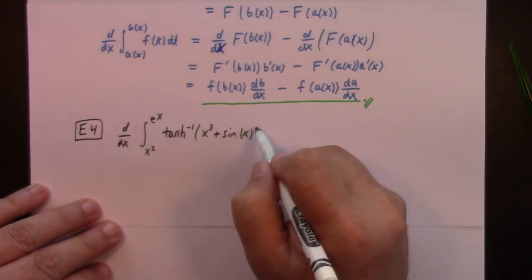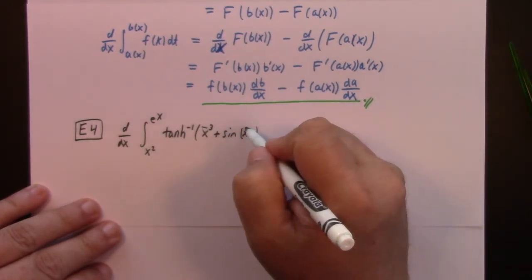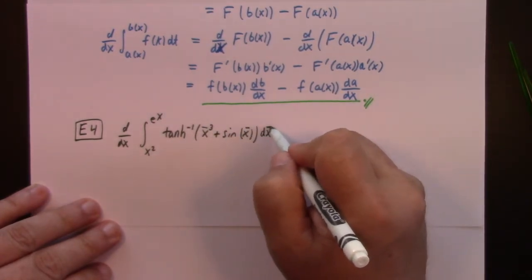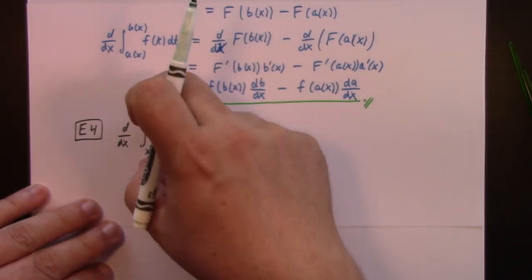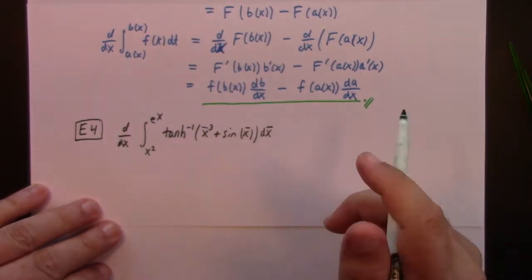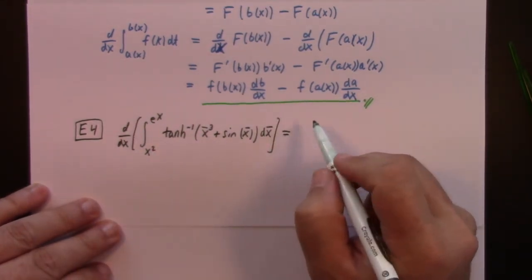Oopsie, I was supposed to use a different variable of integration. Let me put some bars on it, dt. I shouldn't use the variable of integration the same as the fixed but arbitrary x out here.